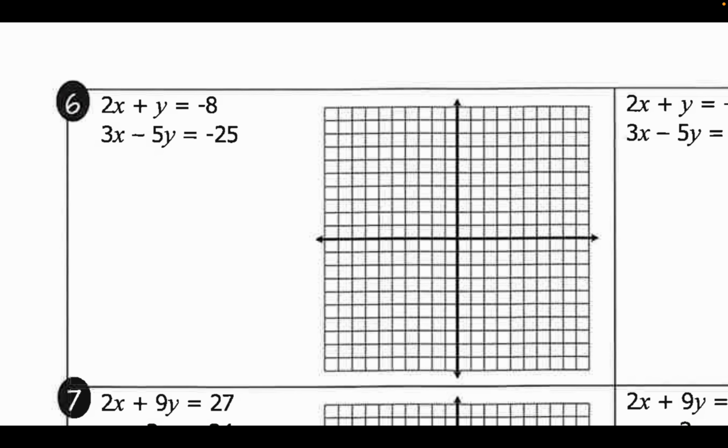This top equation is, when you put it in slope-intercept form, y equals negative 2x minus 8. The bottom equation is, when you put it in slope-intercept form, y equals 3/5 x plus 5. So this top equation has a slope of negative 2 over 1 and a y-intercept of negative 8.